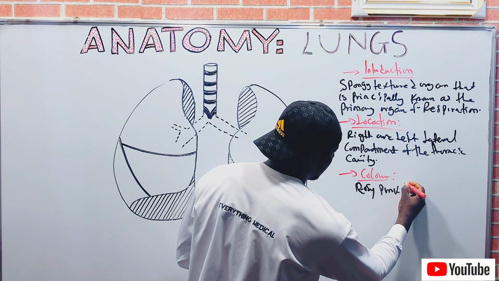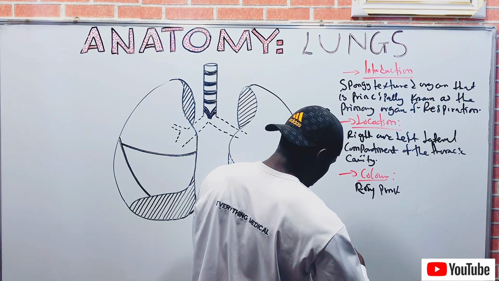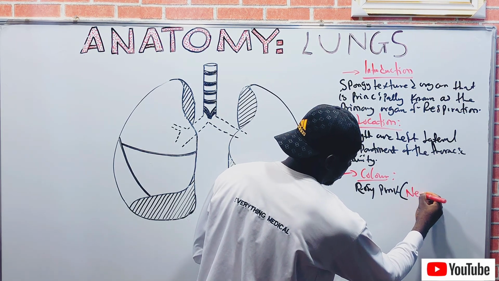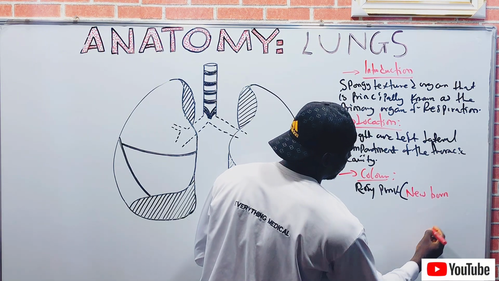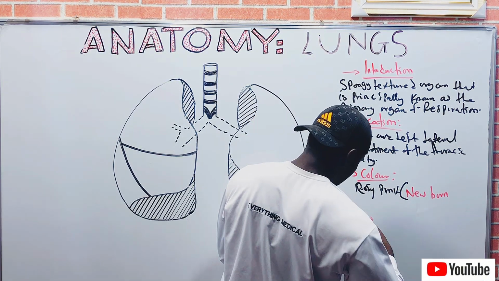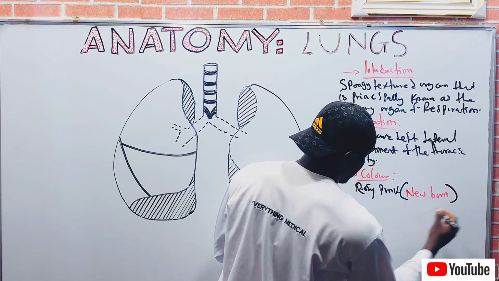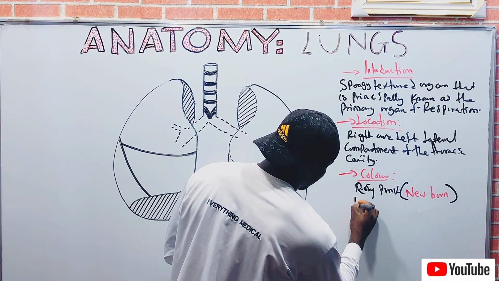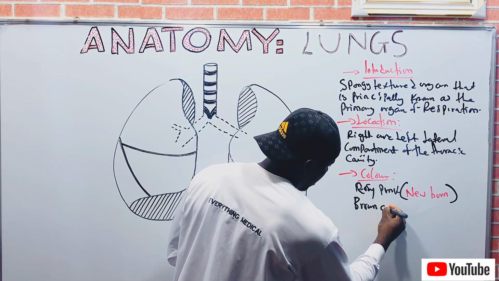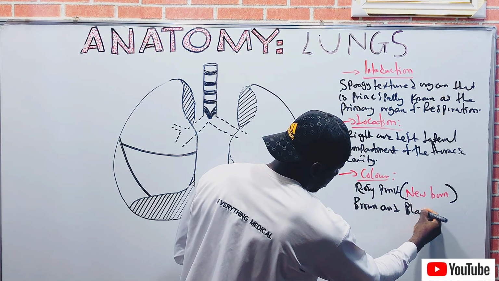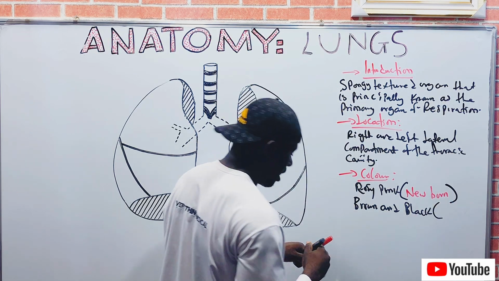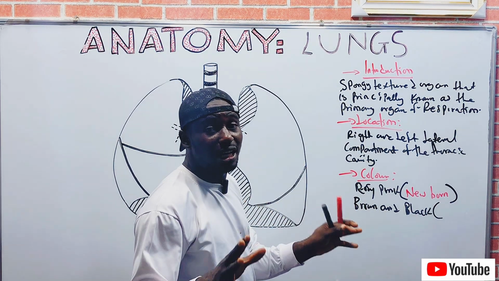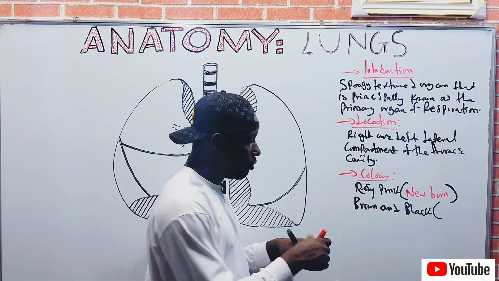So this is for newborn and people that stay in a clean environment. While brown and black in color are for those that stay in a polluted environment and for smokers.